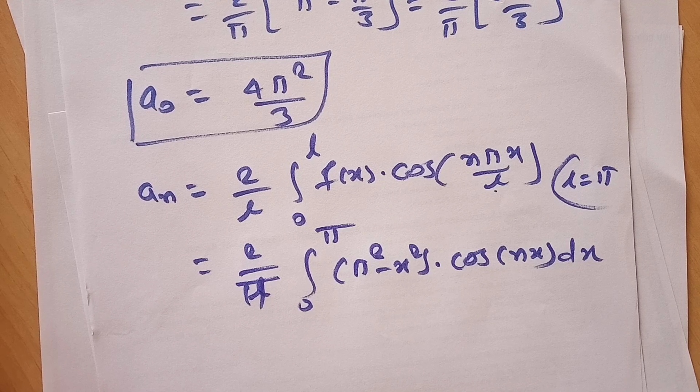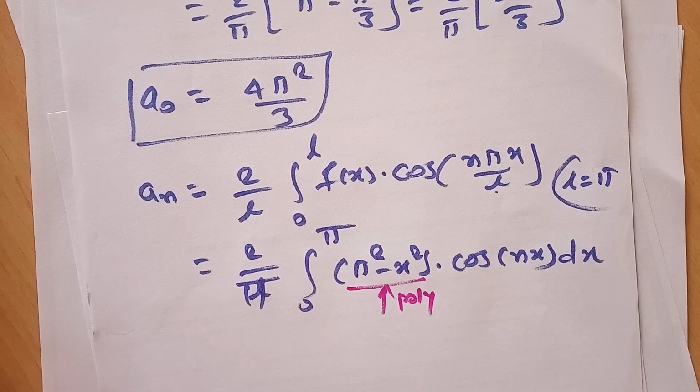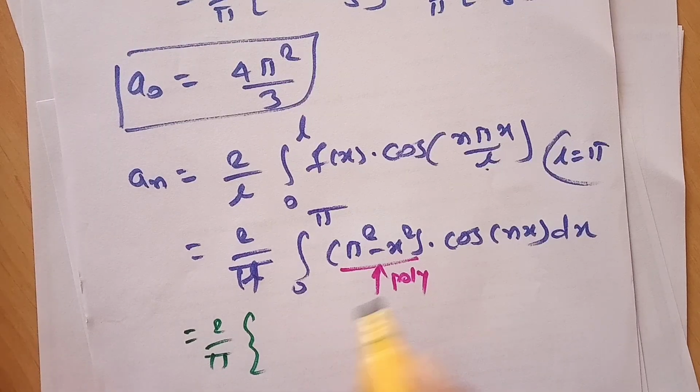Now to solve this integration, this is a polynomial function, so I will use integration by parts for the polynomial function in this way. 2 divided by pi integration.